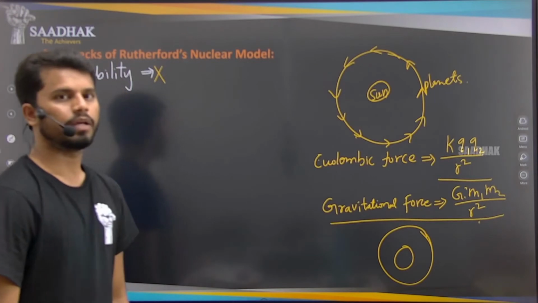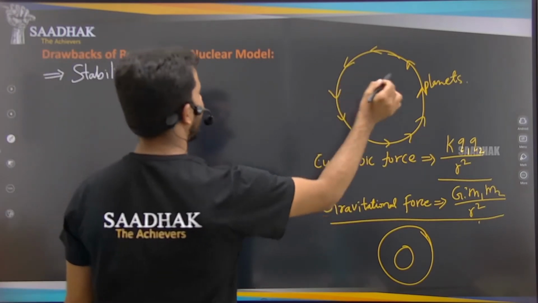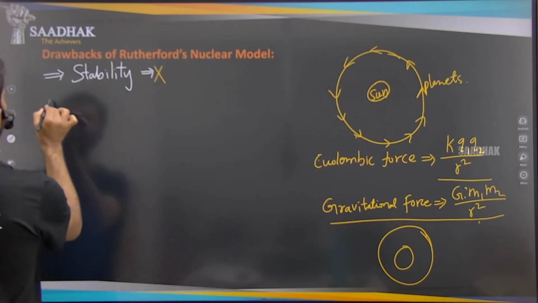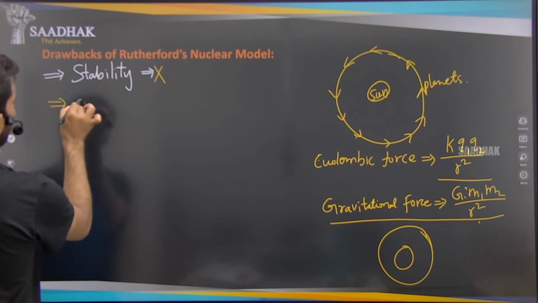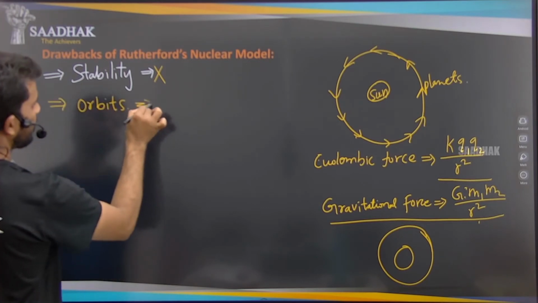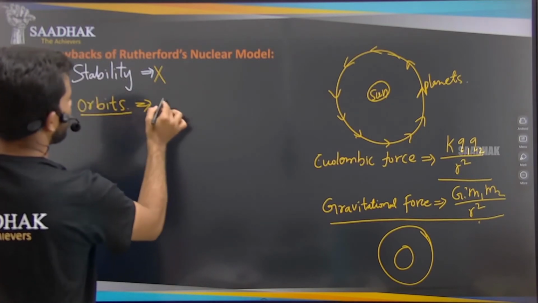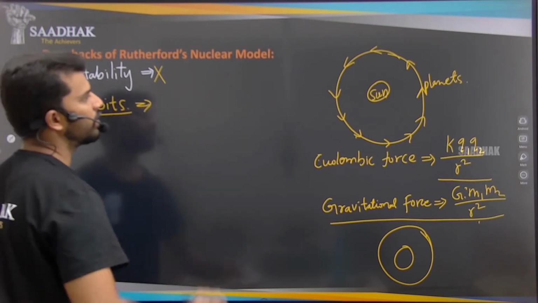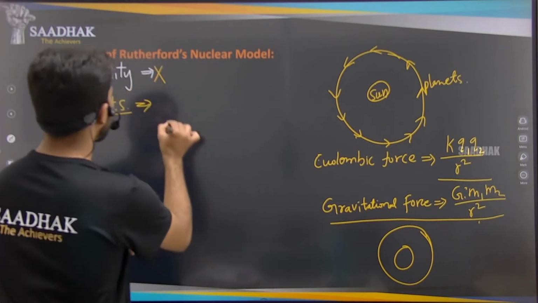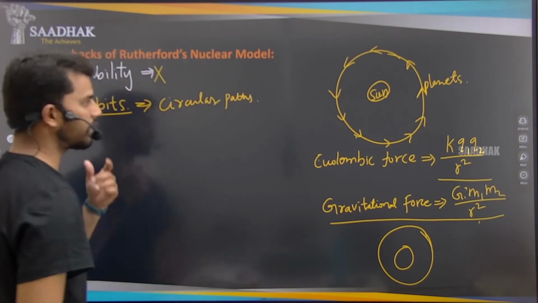So he said these electrons are revolving in orbits, that is, fixed circular paths, which he already explained.